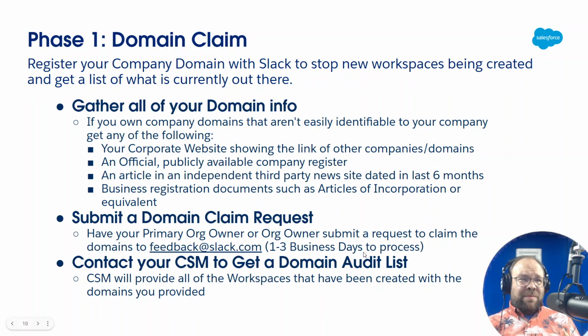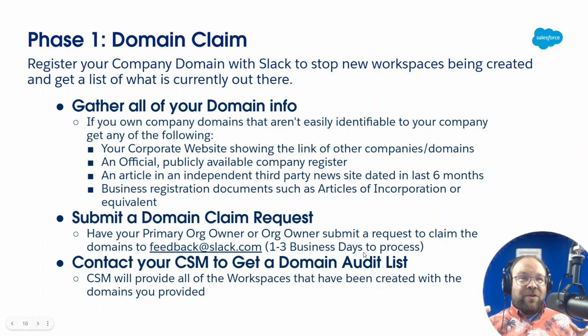You want to have either a corporate website showing the links of all these other companies and domains, an official publicly available company registrar, an article in an independent third-party news site that's dated within the last 6 months, or business registration documents such as articles of incorporation or equivalent. Best case scenario, if you have a registrar of domains, have that registrar together, because what you want to do is prove, hey, we own this domain, so that Slack can block it.